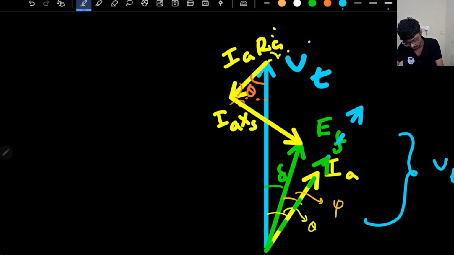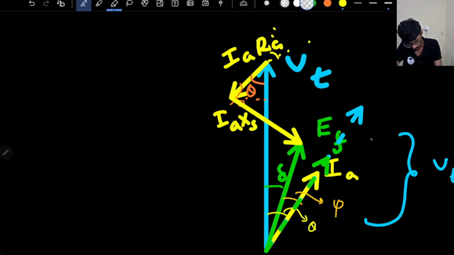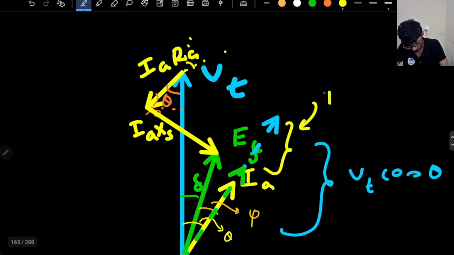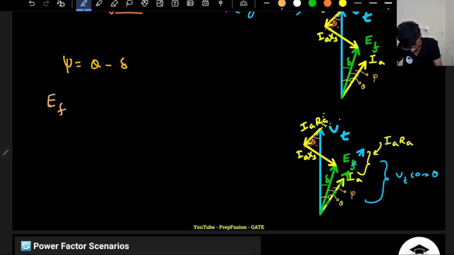So this length is Ia Ra. So basically the conclusion is my EF cos psi will be equal to Vt, or whatever V you want, Vt cos theta minus Ia Ra.